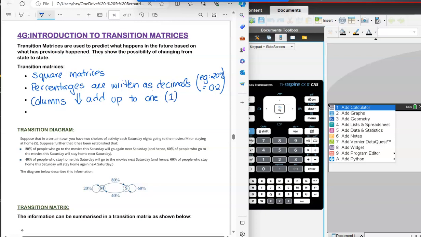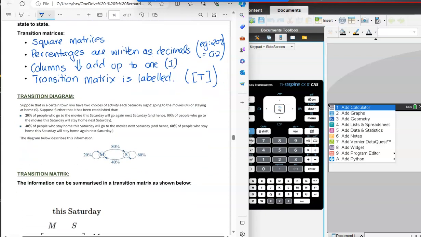And the last one that we might write is that the transition matrix is often labeled with a capital T. Because you don't want to keep writing it out all the time, you're going to write it with a capital T on your notes.